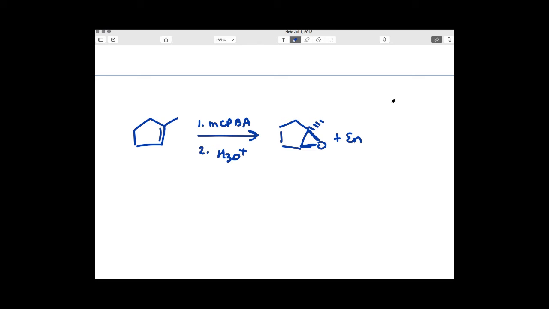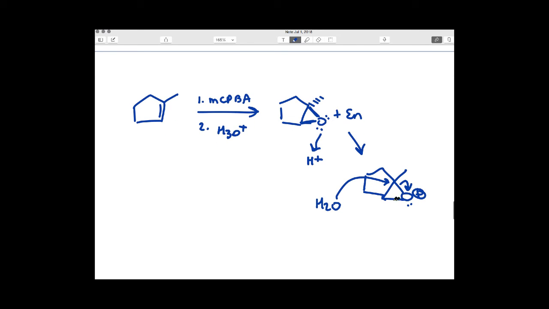And the way that this works is I have my oxygen grabbing my source of protons. That activates this ring and makes it so that these carbons become partial positive. And so that's going to draw my water to attack here, thus making it a Markovnikov addition, just like for the other reactions that also involved a cyclic bridged intermediate.